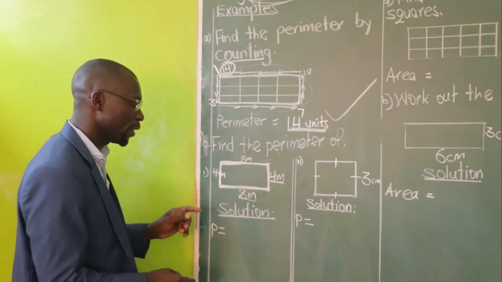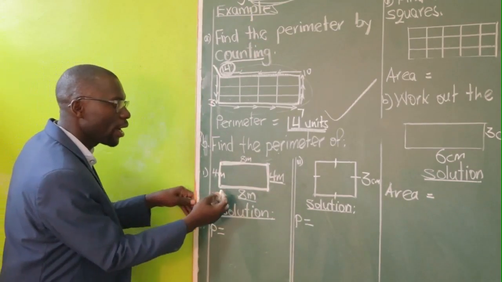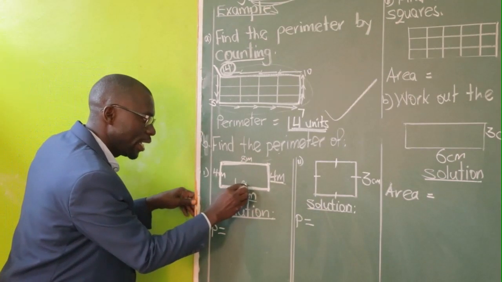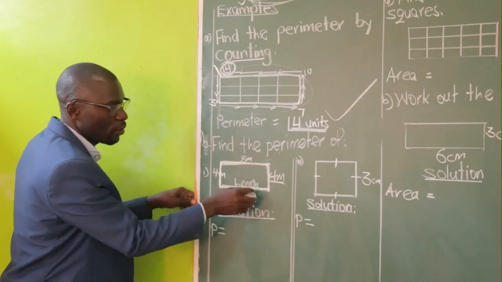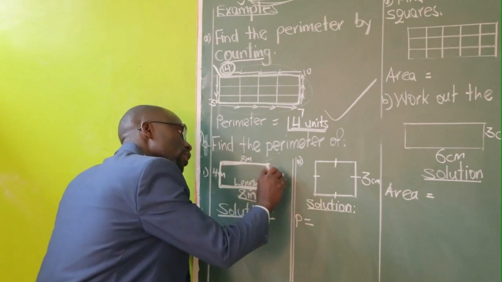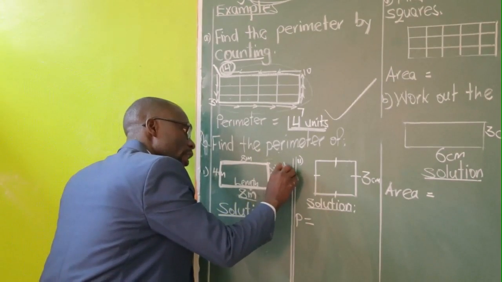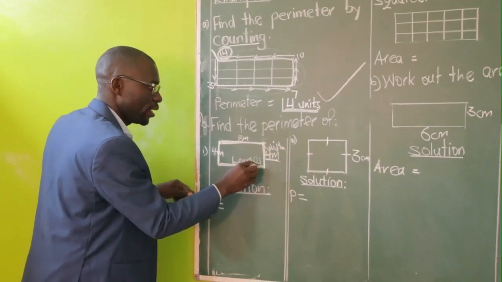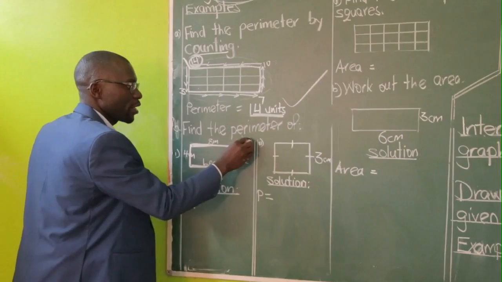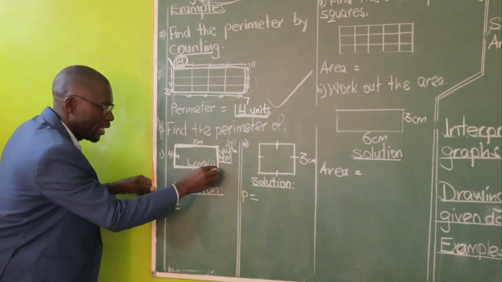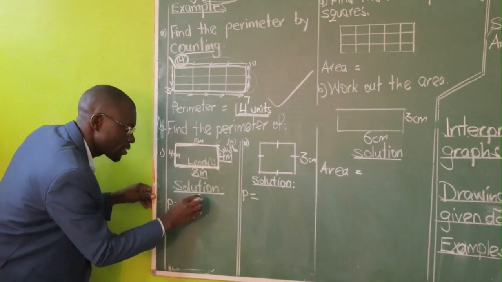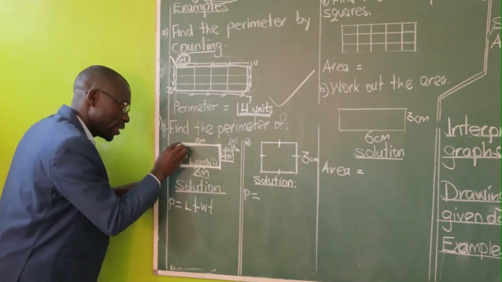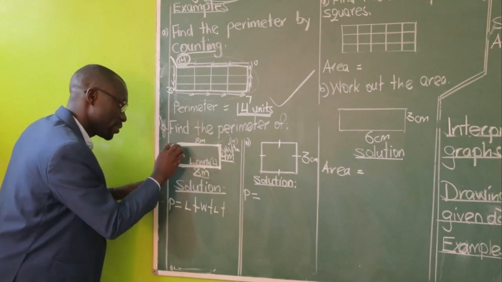Now, the special name for these sides: we call this one length, and this one is called width. We can shorten length and say L, and shorten width and say W. So we can say length plus width plus length plus width.